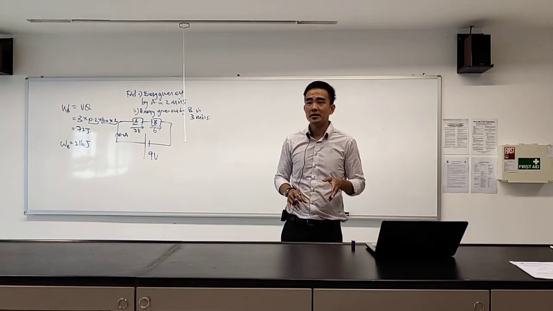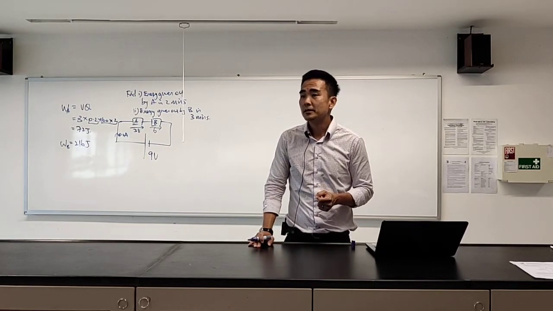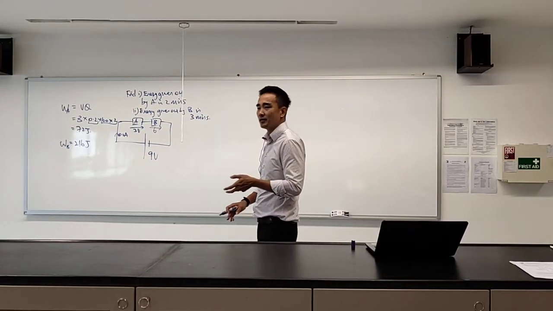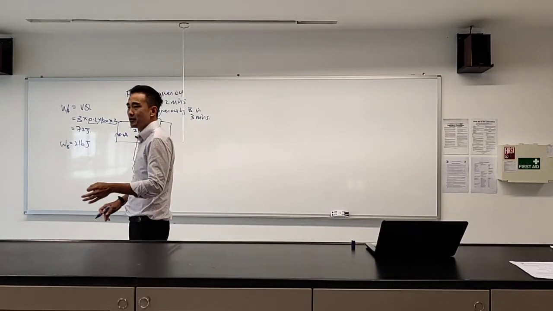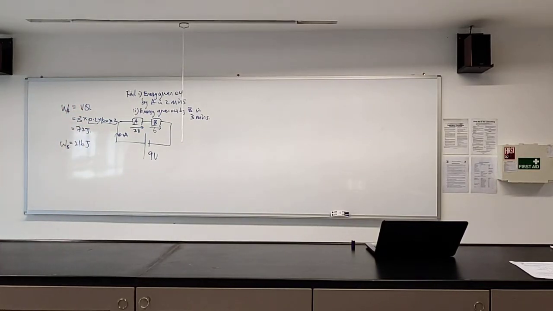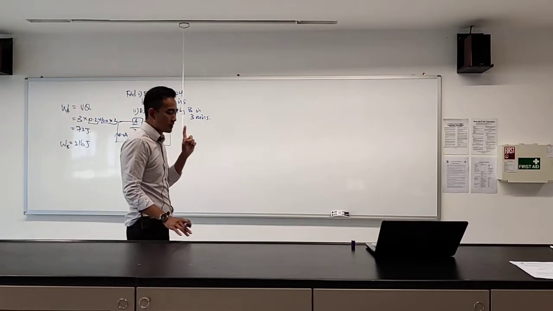But do you know why the V of A plus the V of B must be equal to 9? What's the reason? Series, yeah, but what is the fundamental physics principle that tells you that whatever you connect in series, V has to add up to the EMF? Why? Remember, what does V relate to?